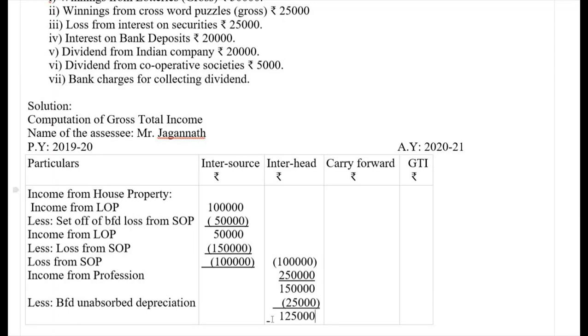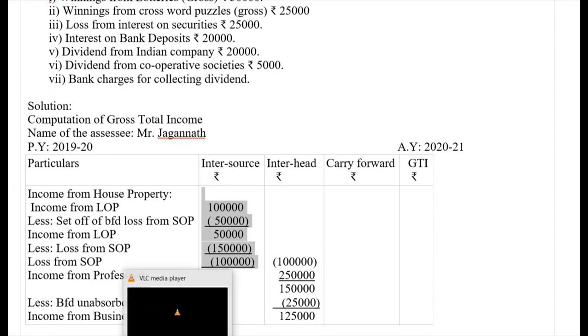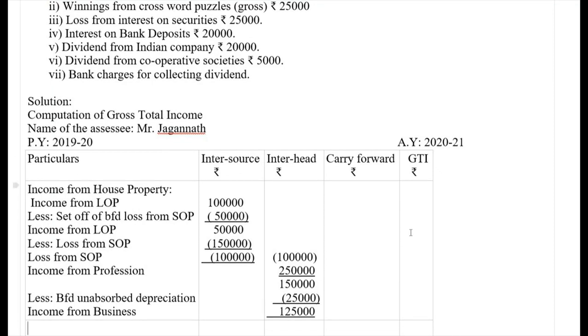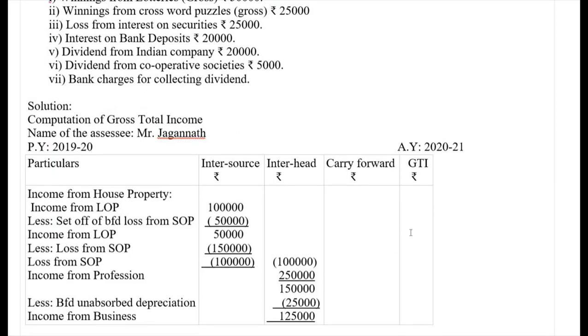So this is income from business, which shall be taken to the GTI column. So it comes here, 1,25,000.